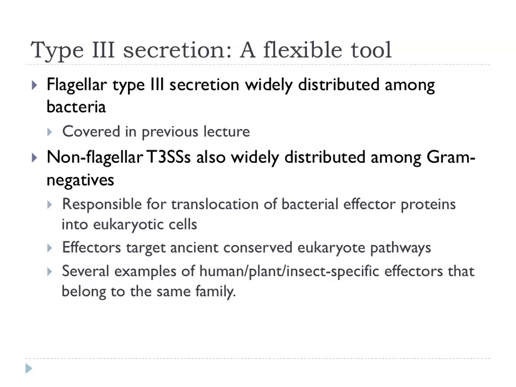Those effectors, when they get inside the eukaryotic cells, target conserved parts of eukaryotic cell biology. We know there are many examples of effectors that act on humans, on plants, and on insect cells that are homologous to each other and are obviously targeting parts of the conserved molecular toolkit of all eukaryotes.